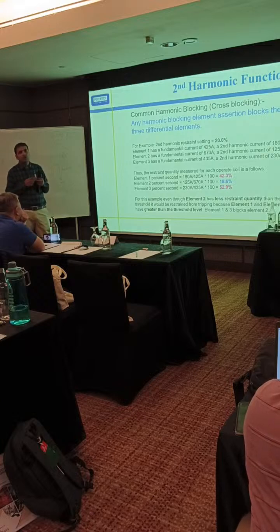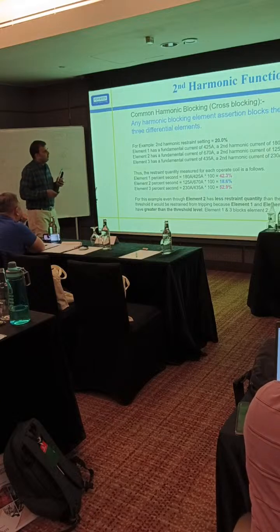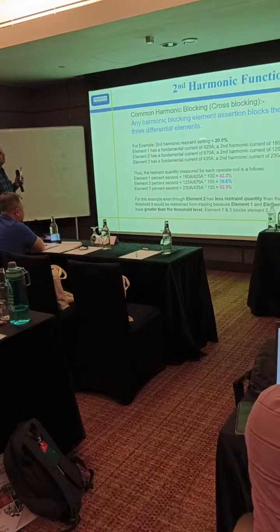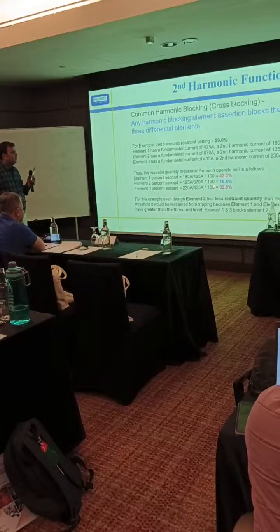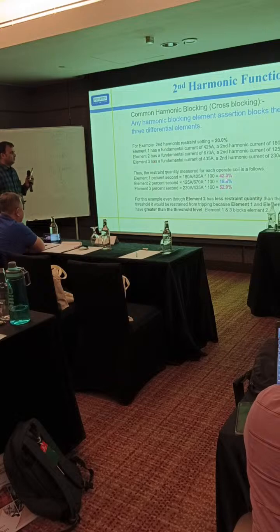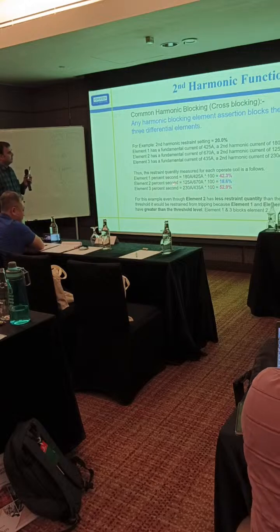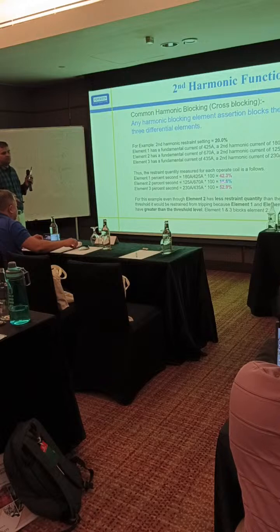Now cross blocking is there. If we consider the same case, and we have enabled the cross blocking, then in this case what will happen? Here two elements are blocking and one element is not blocking, it is in the restraint region, so it should issue command.